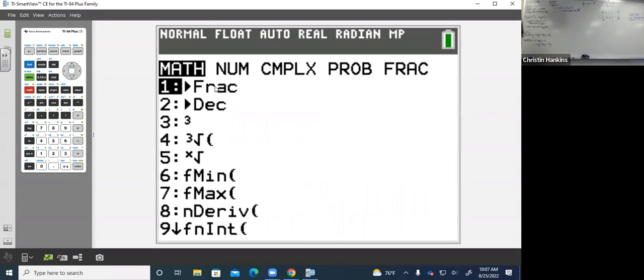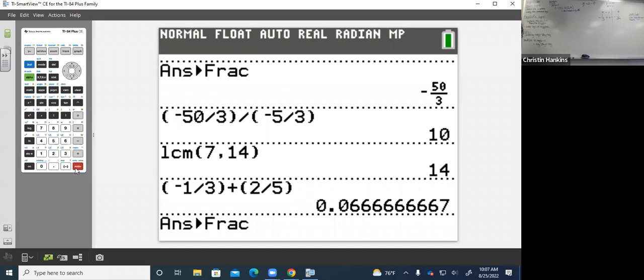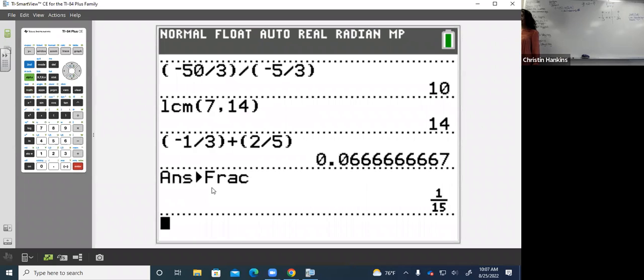Right there at the top, number 1 is the fraction button saying that you're going to switch it back to a fraction. Whatever you just did, it switches it back to a fraction, and it's going to take the answer and give it back to us as 1/15. So that's if you just want bare bones, don't want to try to understand the calculator, because the calculator gets messy on the options that you have. You do have an option 2.